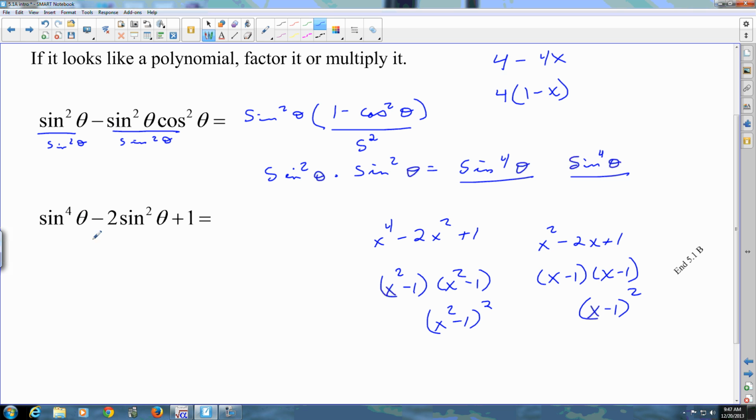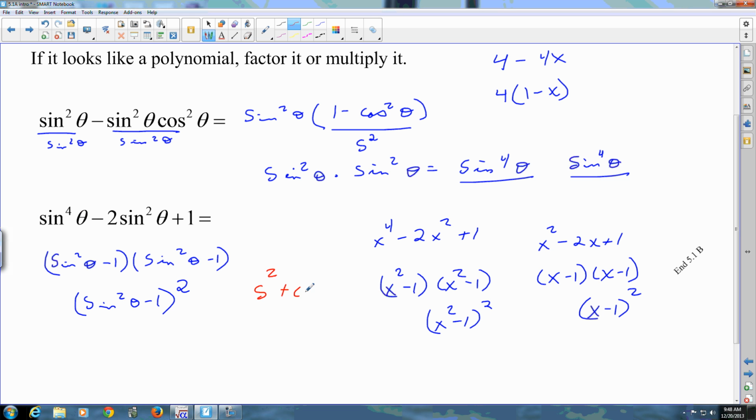So this factors into sine squared theta minus 1 times sine squared theta minus 1, or sine squared theta minus 1 squared. Now you're not done. Go back, think of the Pythagorean identity.